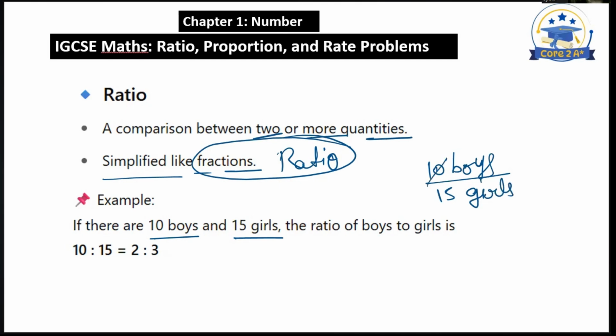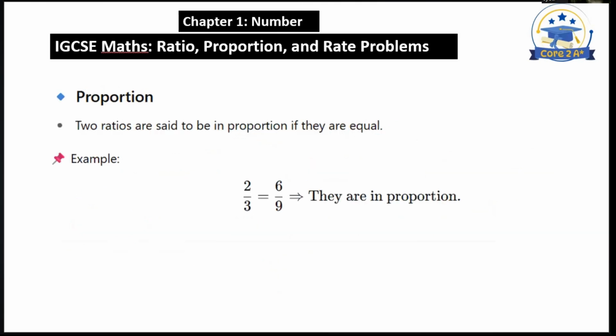And now, after simplification, what do you have to give? 5 twos are 10, 5 threes are 15, so 2 over 3. Or you could write 2 is to 3, right? Both have the same meaning.